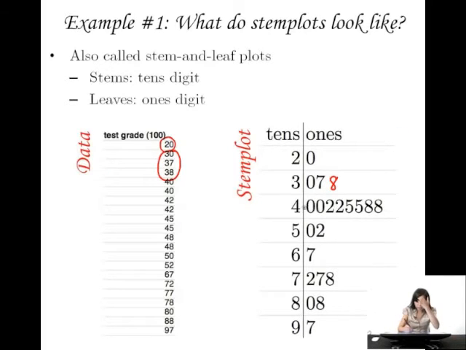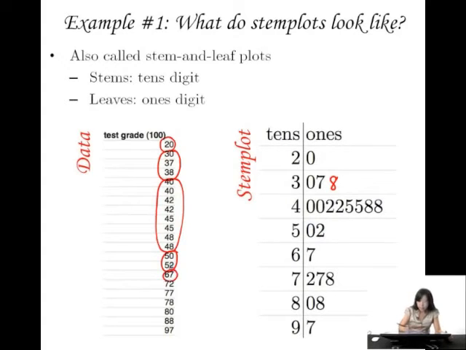Now let's look at all those people who scored in the 40s, which looks like the majority. So I would put the 0, the 0, the 2, the 2, the 5, the 5, the 8, and the 8, right? And then let's look at those who scored in the 50s. There's one person who scored 50 and one person who scored 52.